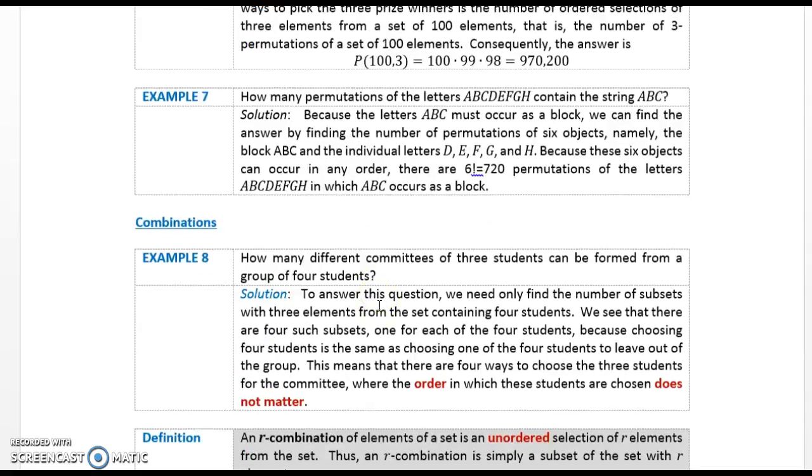Example 7. How many permutations of the letters A, B, C, D, E, F, G, H contain the string ABC? Solution.